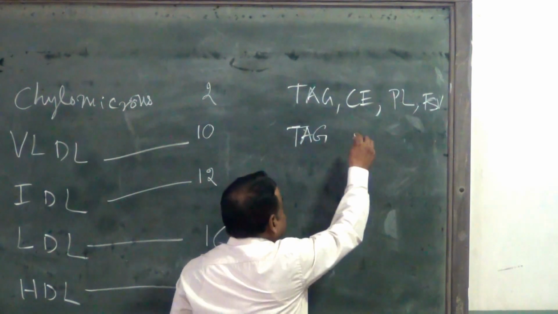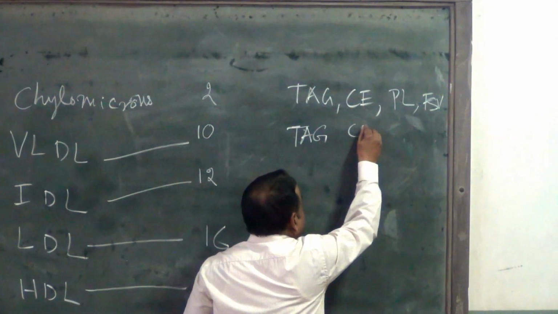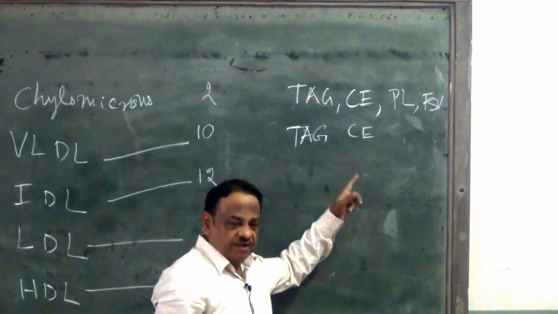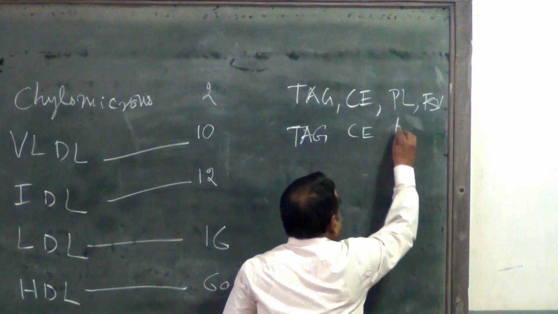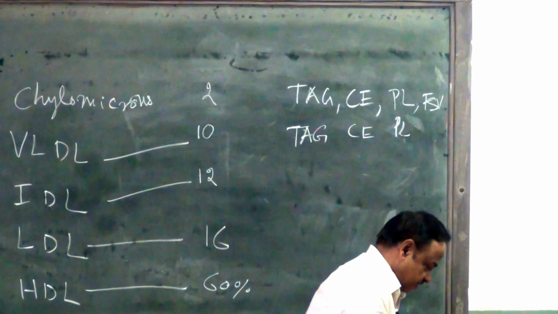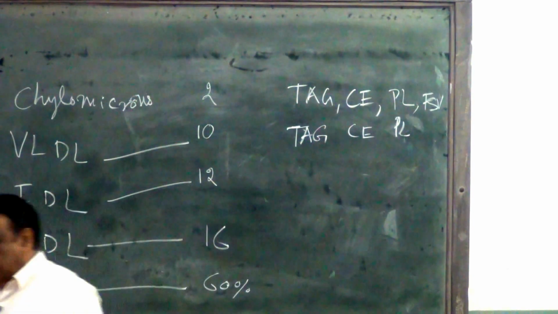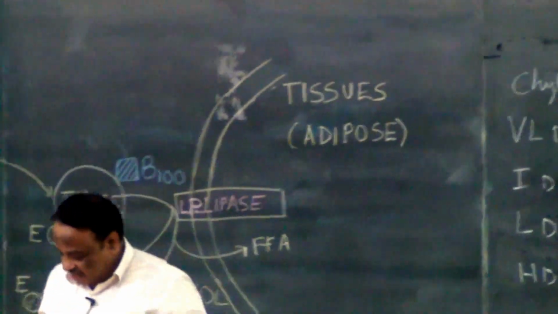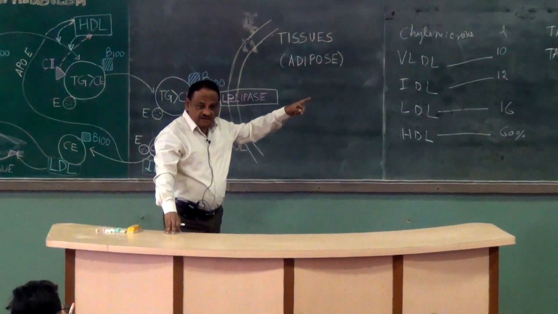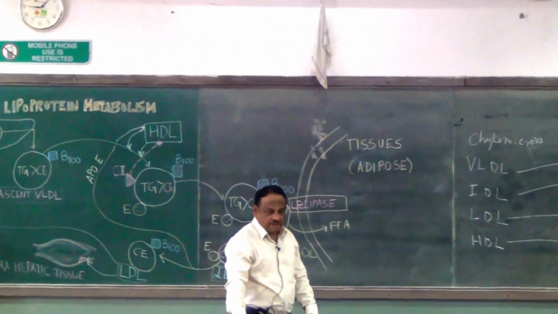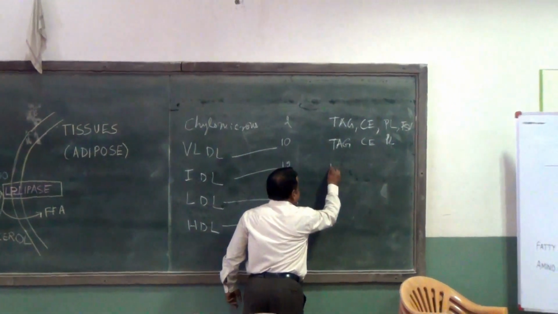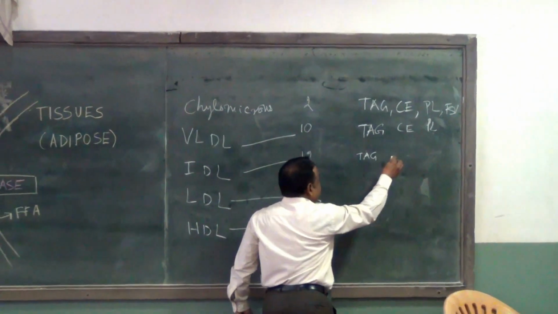Then it also has cholesterol ester and free cholesterol, and it has some phospholipid also. So both these lipoproteins, the chylomicrons and the VLDL, their major content is TAG, as you can see.